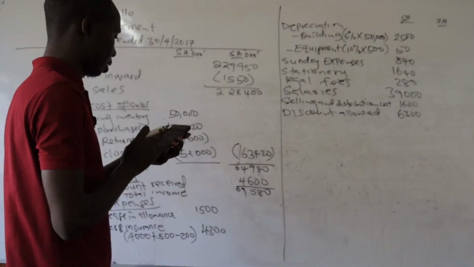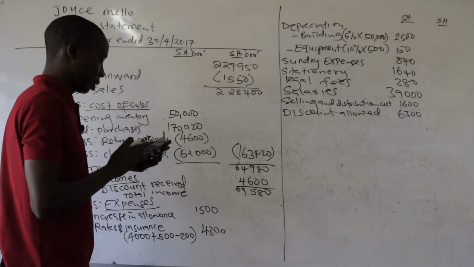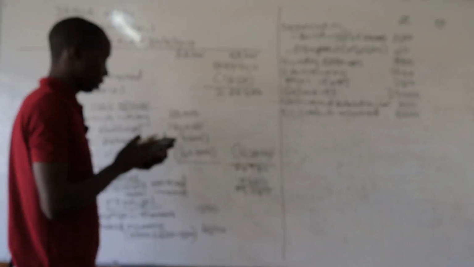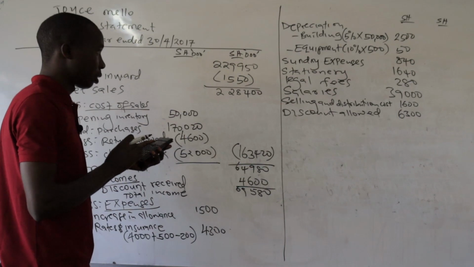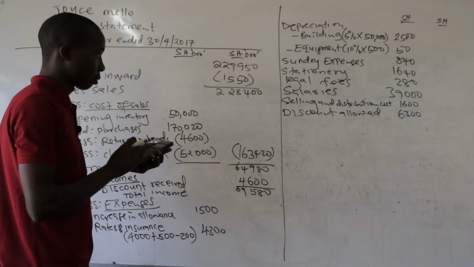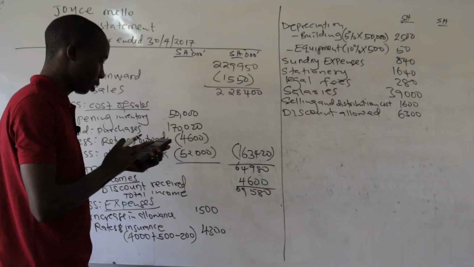So we have 1,500 plus 4,300 plus 2,500 plus 50 plus 840 plus 1,640 plus 280 plus 39 plus 1,600 plus 6,300.